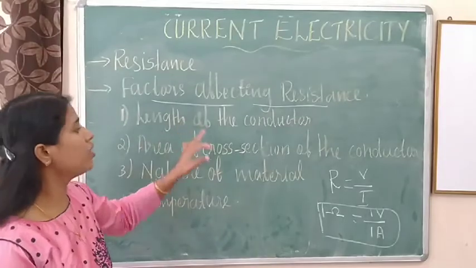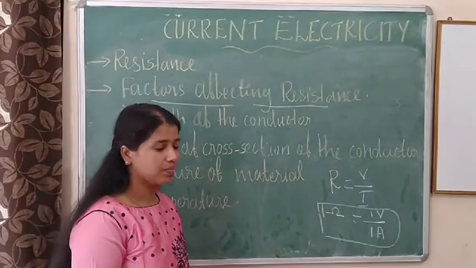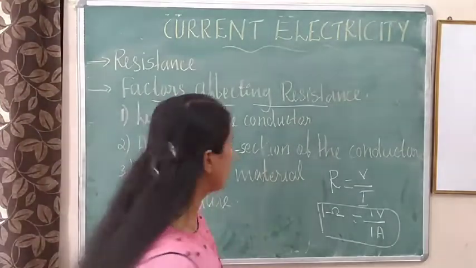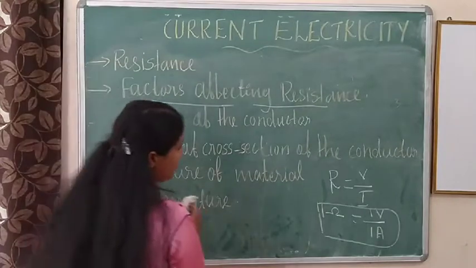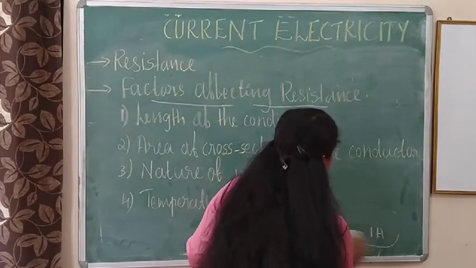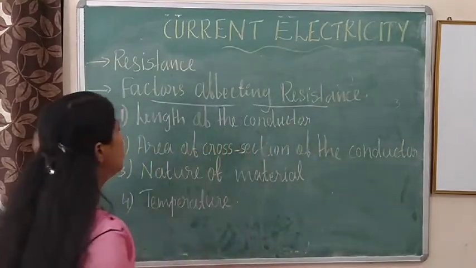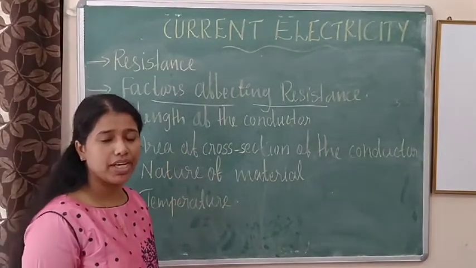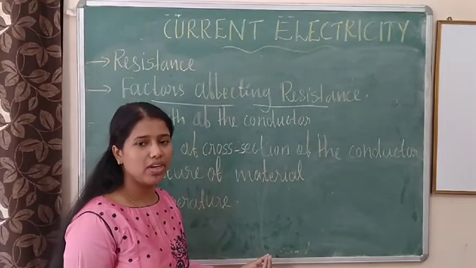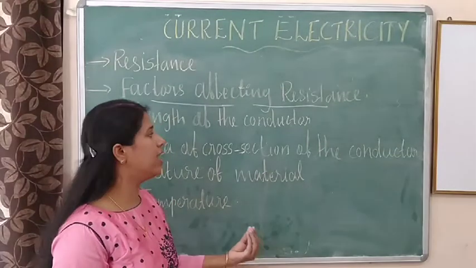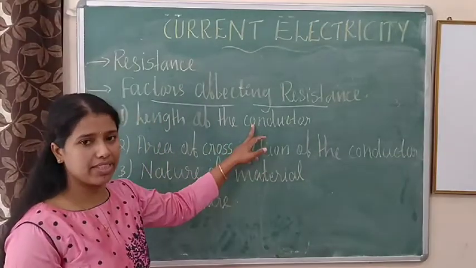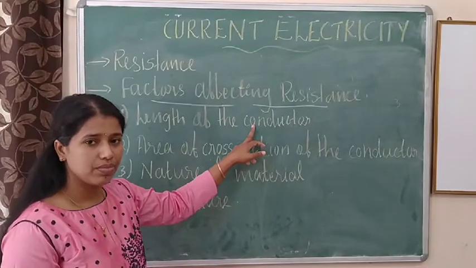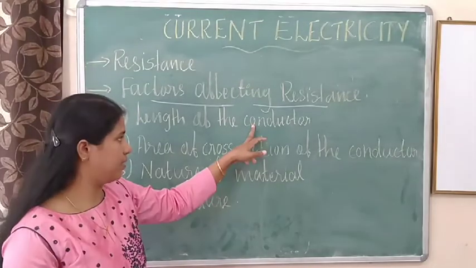First, length of the conductor. In this case, a conductor means, for example, copper, through which current will pass. Copper, silver, gold, etc. are good conductors of electricity. Current can pass easily.